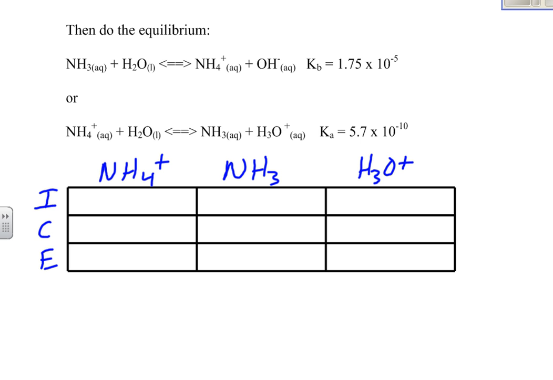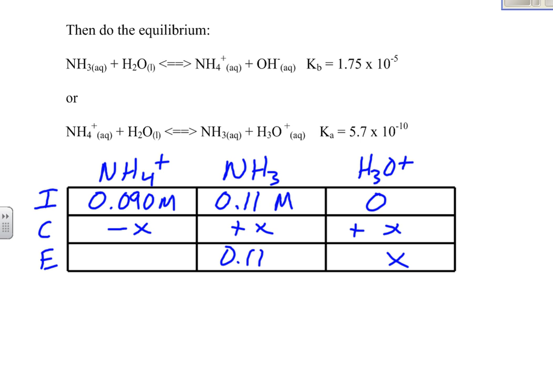From the last page we saw, remember that this was 0.09 molar. The ammonia went up to 0.11 molar. And we artificially made the H3O plus concentration 0. So we're going to have a minus x, plus x, plus x, 0.11 plus x, 0.09 minus x.